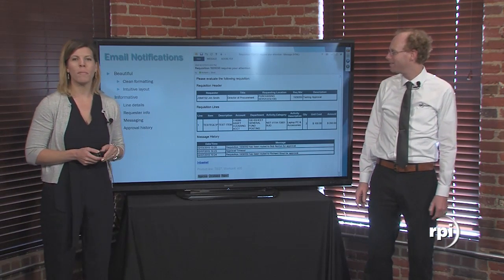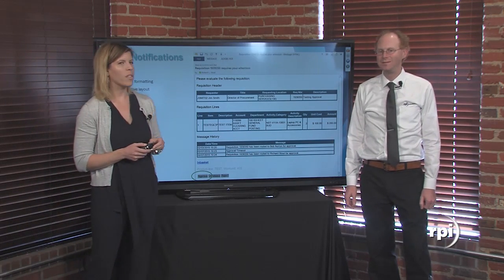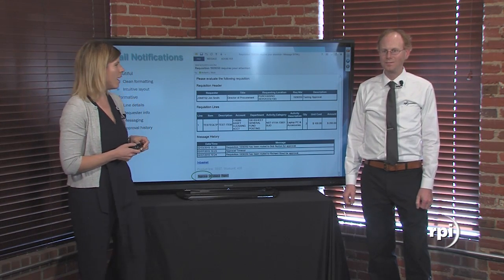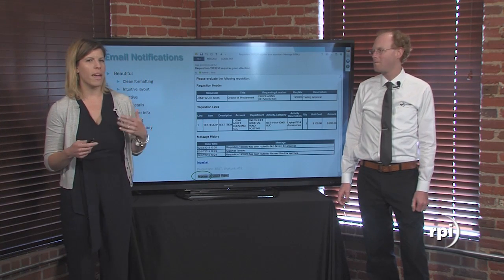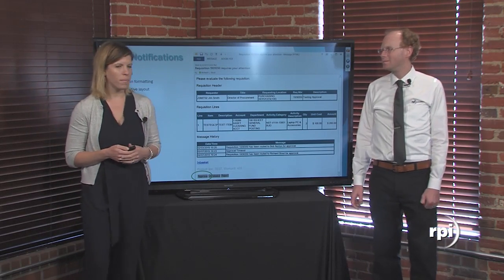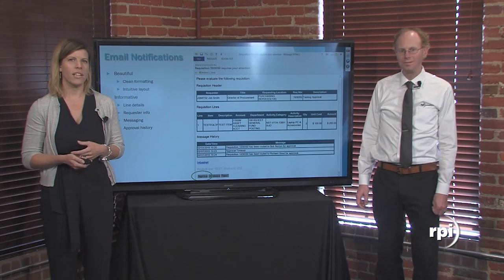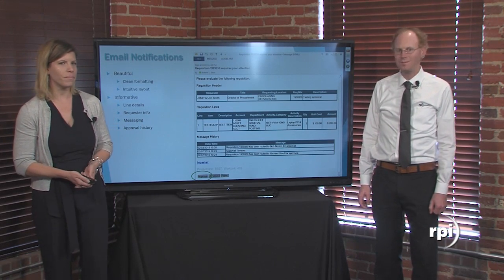They give you lots of informative information about the requester, who they're ordering for, what the account unit name is, and any kind of item information. You can bring in that GL detail and make those connections, and also give a very rich approval message history to let other approvers know what's going on with that requisition.